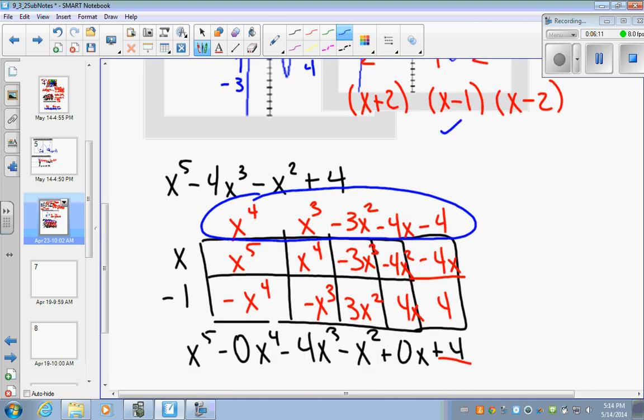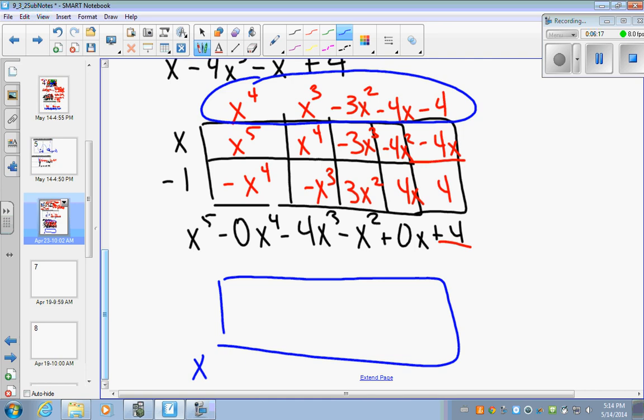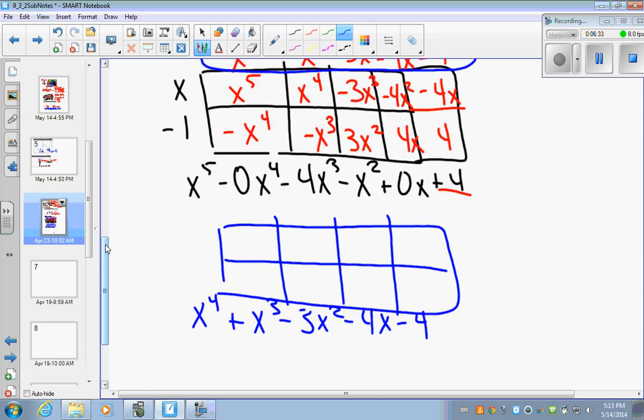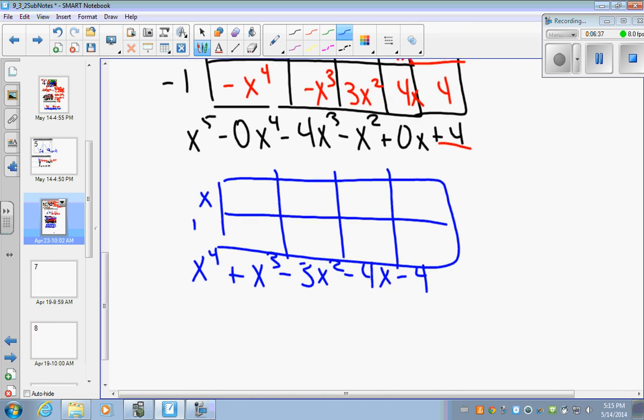And now you can pick one of the other two to take and divide x to the 4th plus x cubed minus 3x squared minus 4x minus 4 by to get the next phase. So these take a little while, and if you make one mistake, it's going to definitely have a lasting impact. So I'll pick the x plus 2. And you guys can go ahead and finish that one.